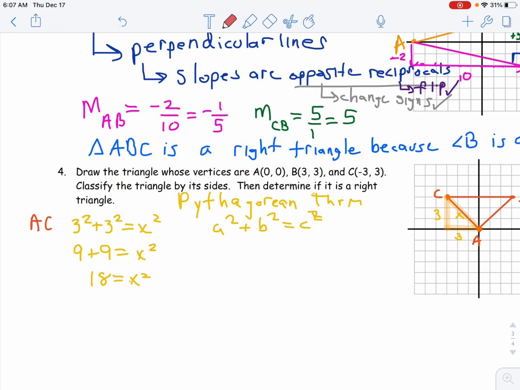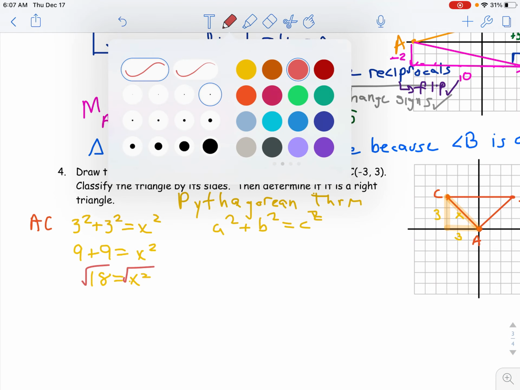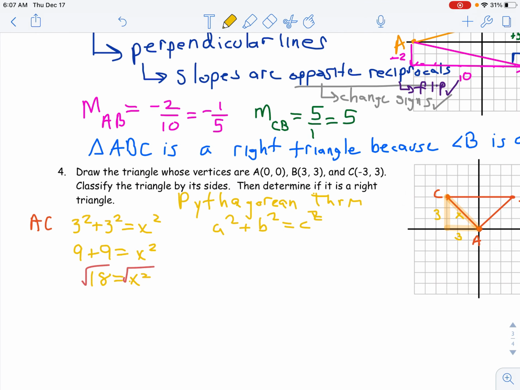All right, take the square root of both sides, and let's just say x equals the square root of 18, or in this case AC equals the square root of 18. All right, we could plug that into our calculator. We get 4 point something. It's going to be about 4.1-ish. I forget exactly. I don't have a calculator right next to me.